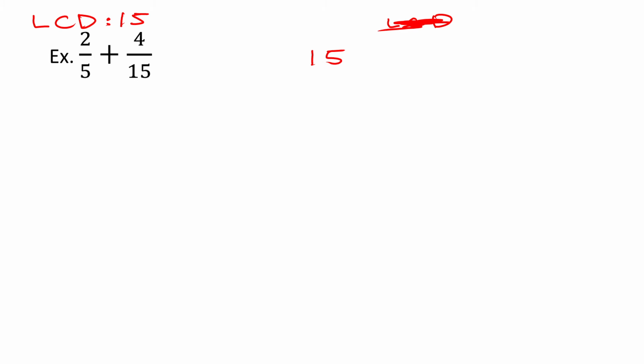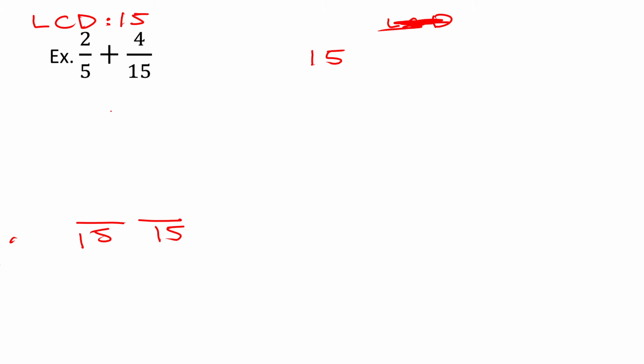Now, your goal is you want to change 2 over 5 and 4 over 15 such that they have 15 as a denominator. That's your goal right now. So you want to change both fractions such that the denominator is 15 for both of them.